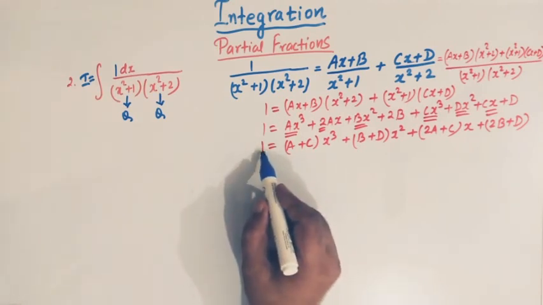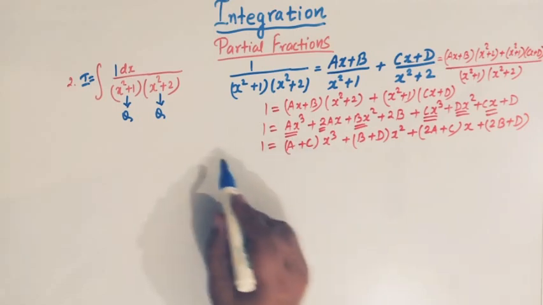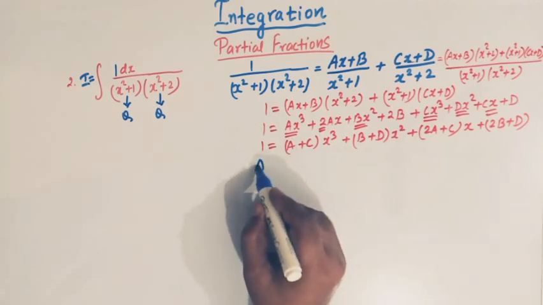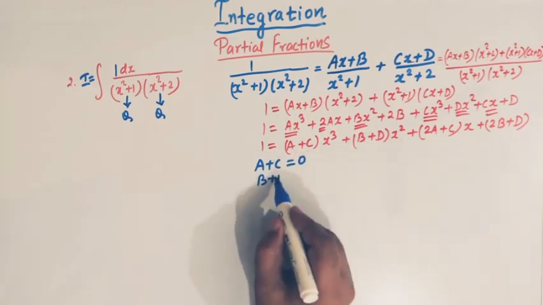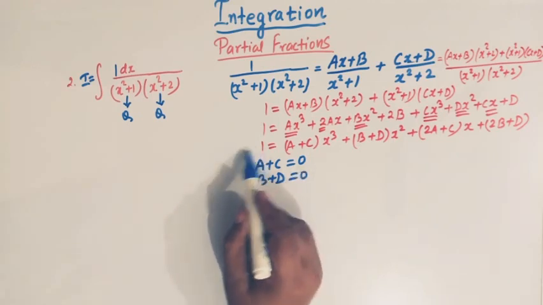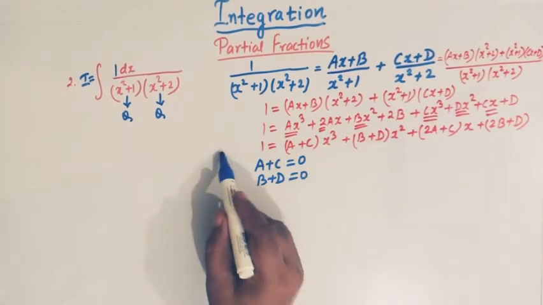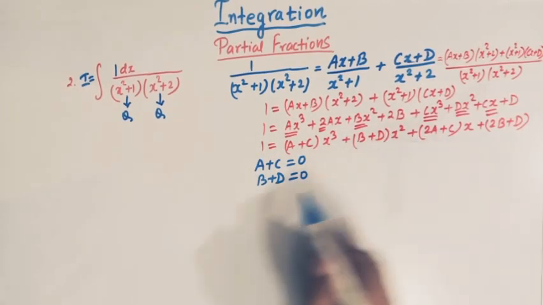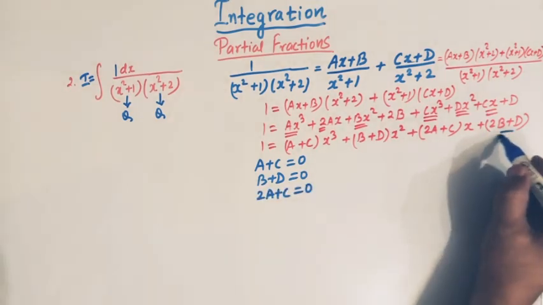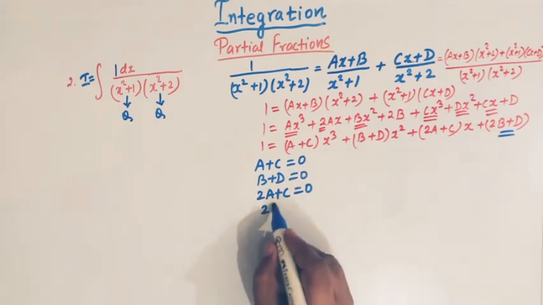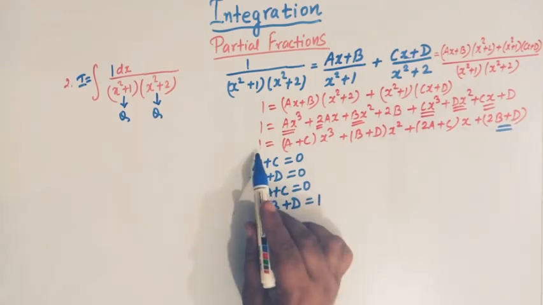Here we have only 1, and 0 is the coefficient of x cube, so a plus c is 0. Then b plus d is also 0, because we do not have any term containing x square. 2a plus c is again equal to 0, and for the constant term, 2b plus d is equal to 1.